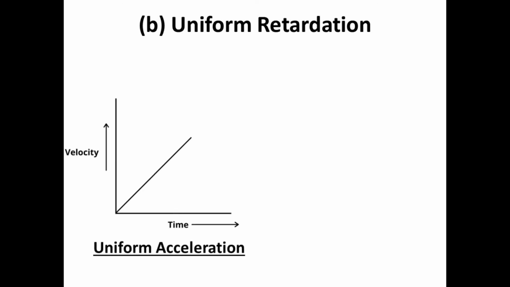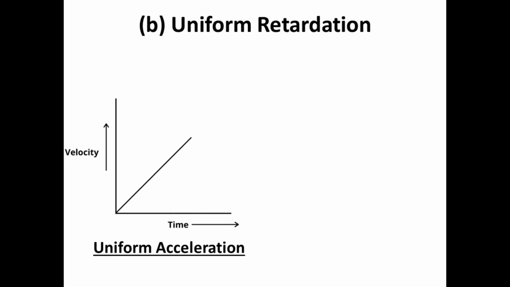While starting topic 2.2, I told you that when an object is moving with uniformly changing velocity, then there will be two kinds of situations. One, uniform acceleration, and second, uniform retardation.